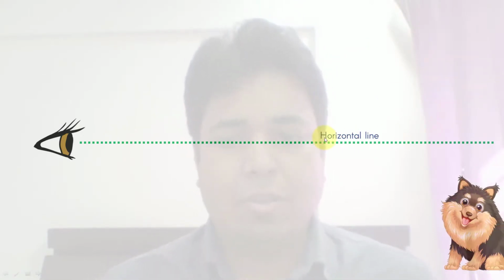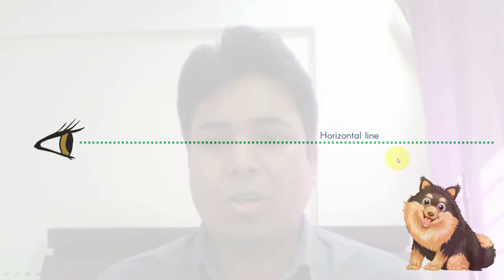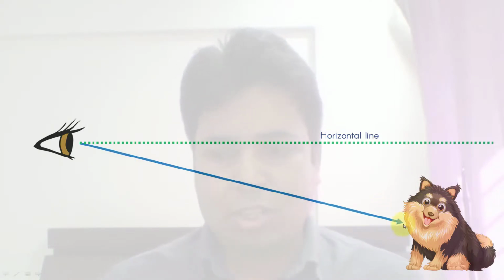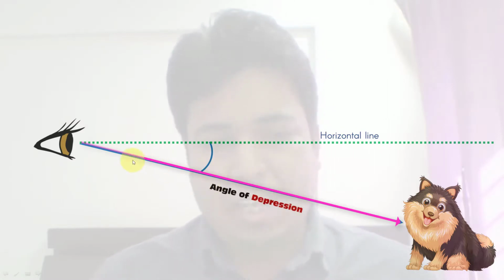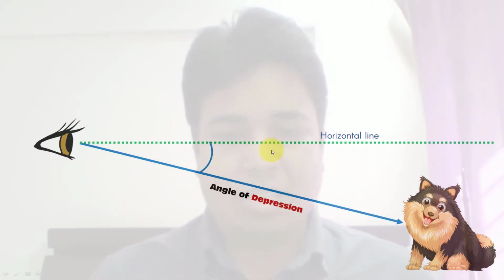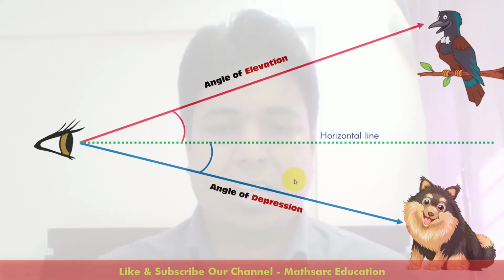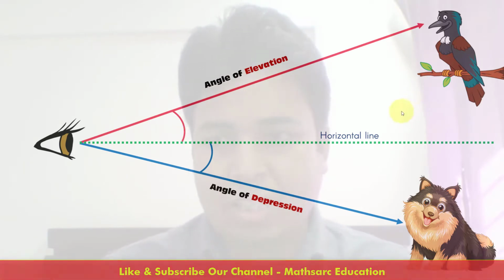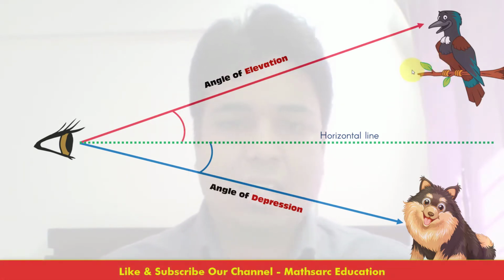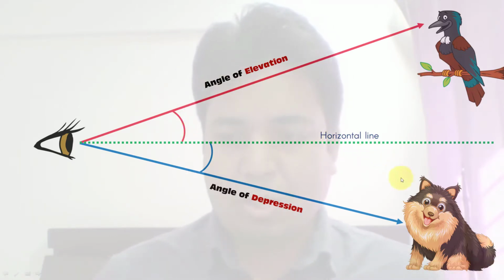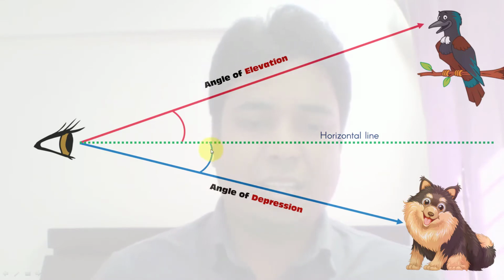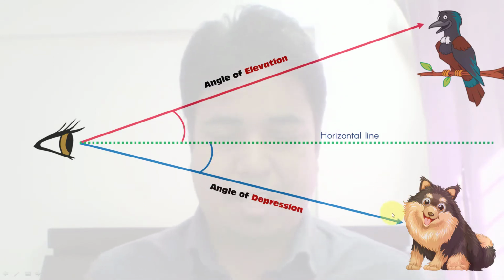Now if your object is below the horizontal line and you are watching this beautiful dog, and this is the line of sight, then with respect to the horizontal line, this becomes the angle of depression. So from here you can distinguish: if your object is above the horizontal line, then this angle is called the angle of elevation, and if your object is below the horizontal line, then this angle is called the angle of depression.